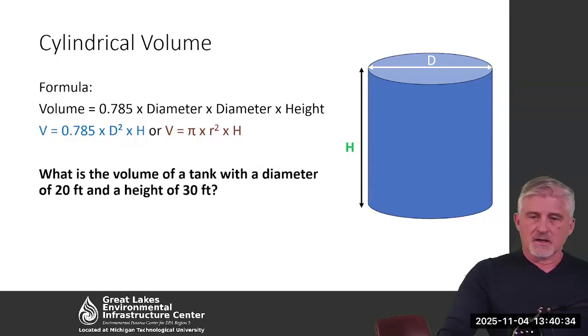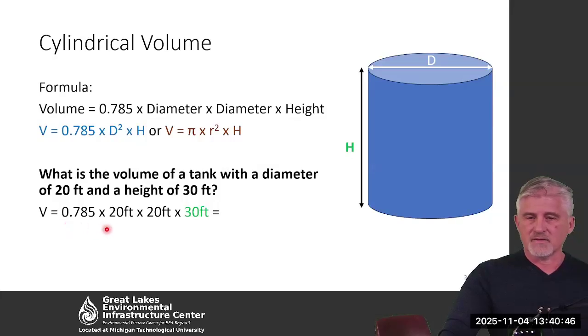So if we've got a tank with a diameter of 20 feet and a height of 30 feet, what's the volume? We take 0.785 times the diameter of 20 feet times 20 feet times the height of 30 feet. That gives us 9,420 cubic feet.